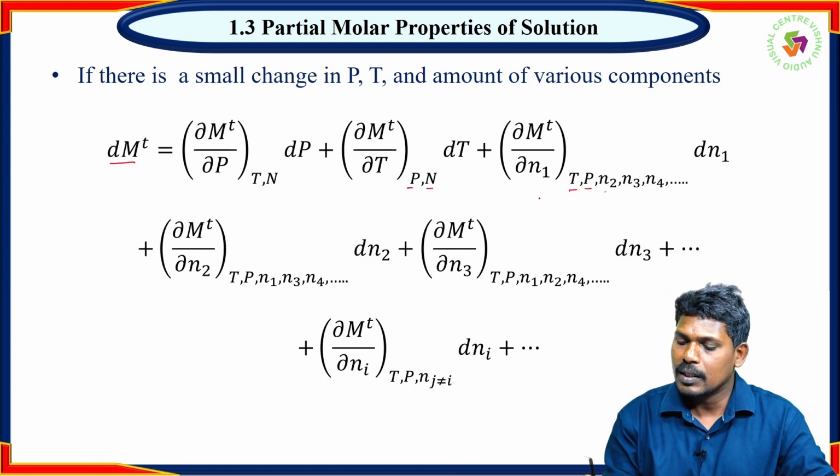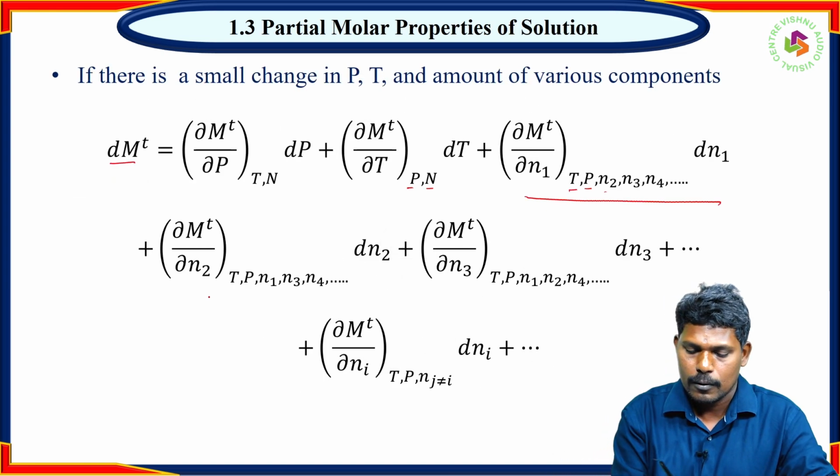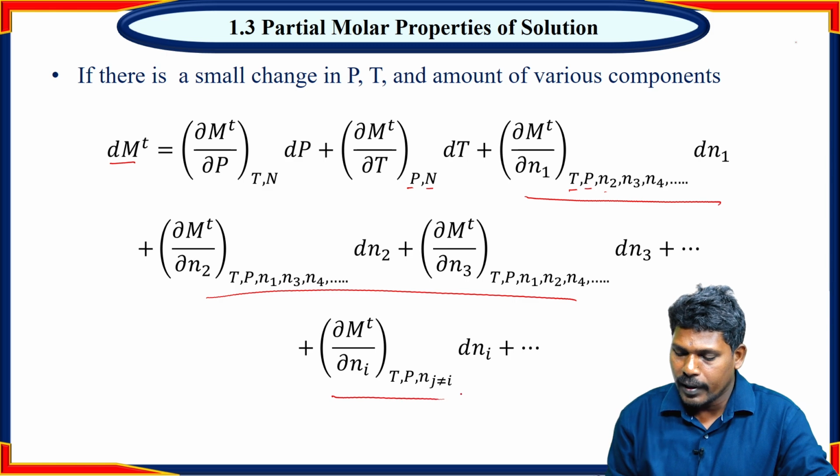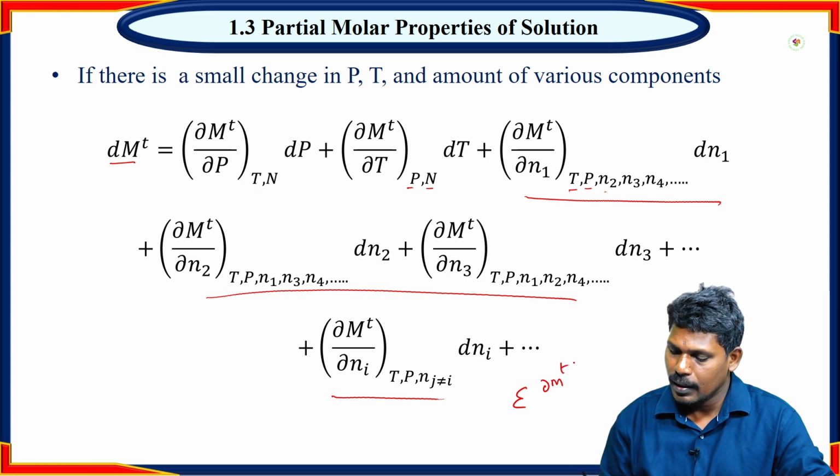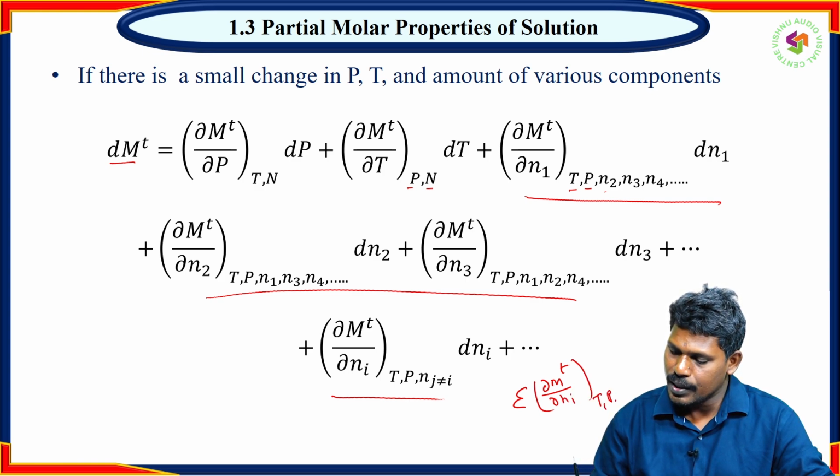So this whole thing we can write as a summation of ∂Mt/∂Ni at constant temperature, pressure, Nj not equal to i, dNi.